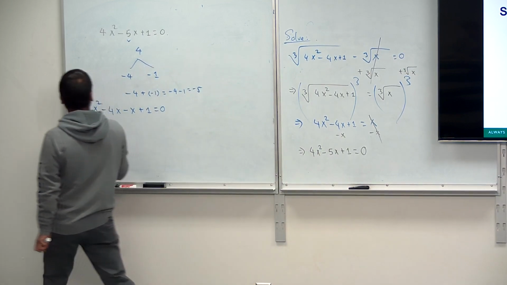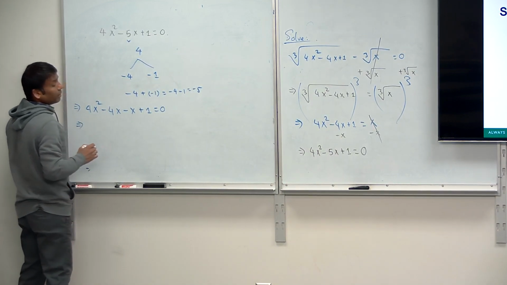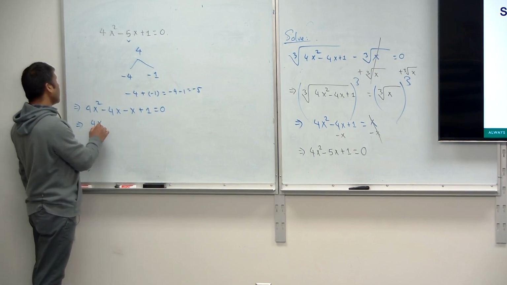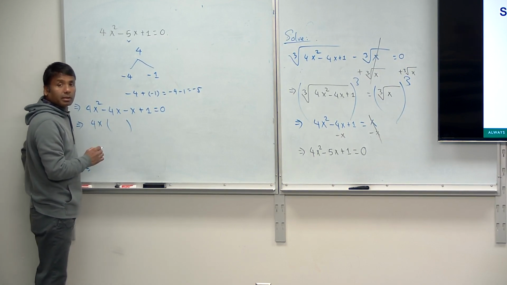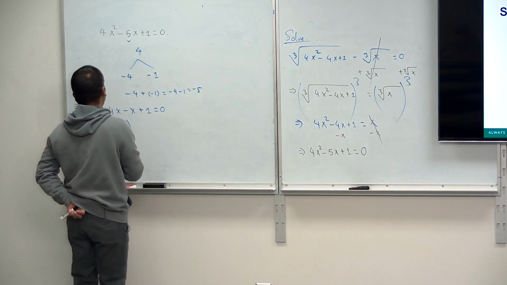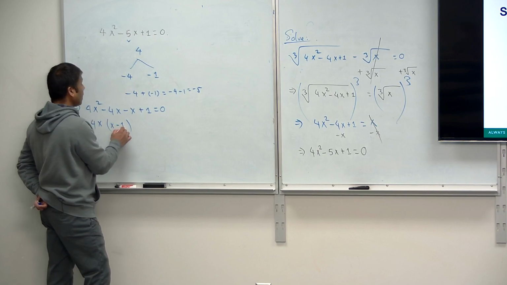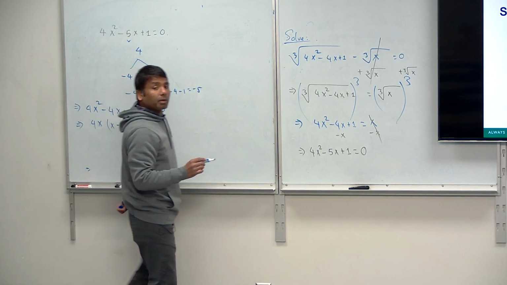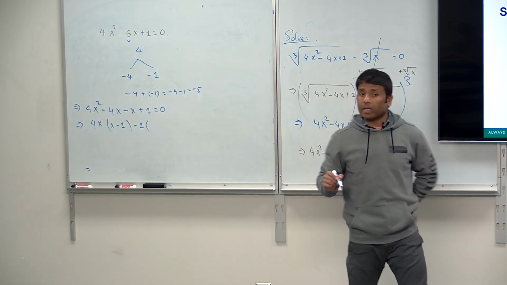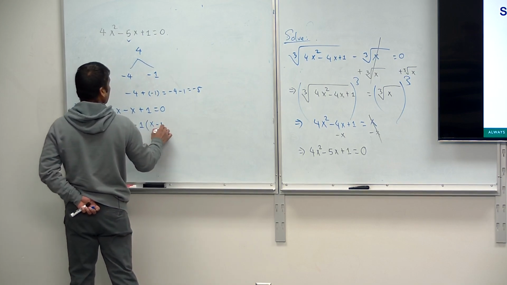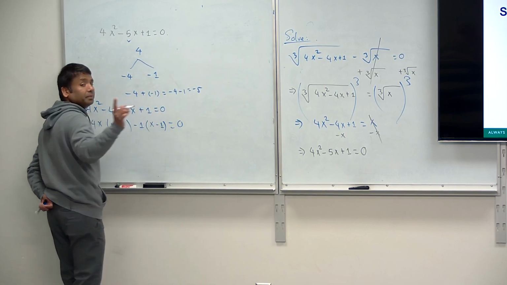So now, from the first two terms, what can you factor out? 4x. Yes. So you factor out 4x. What will be inside the parenthesis? x minus 1. And from the last two terms, what can you factor out? -1. So you'll have x minus 1 equal to 0.